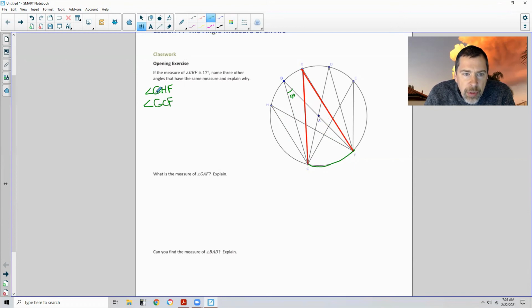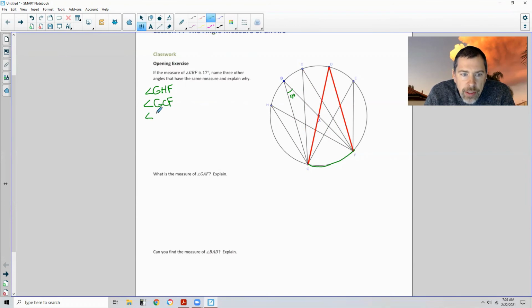So notice what's happening here. Any angle named starting with G and ending in F, or backwards if you did F something G, will all have congruent angle measures. If I move it again to D, sharing that same intercepted arc, therefore it's congruent.